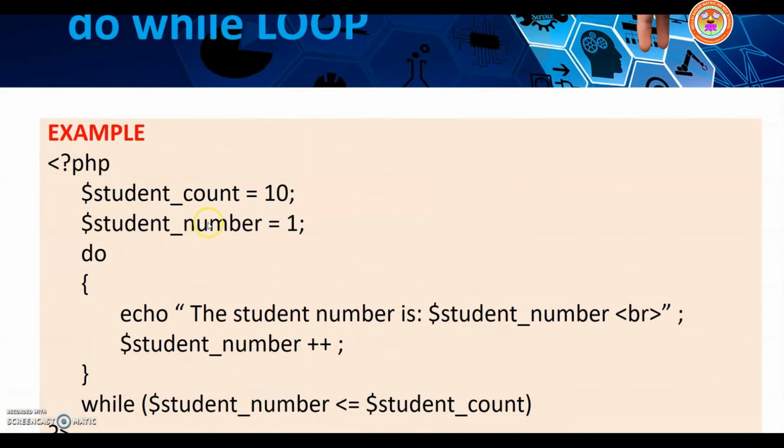See the example here. Do this statement, that means execute the set of statements, then you can check the condition. See here the same coding is given, but the condition is at the exit level. We will execute this same coding and check.